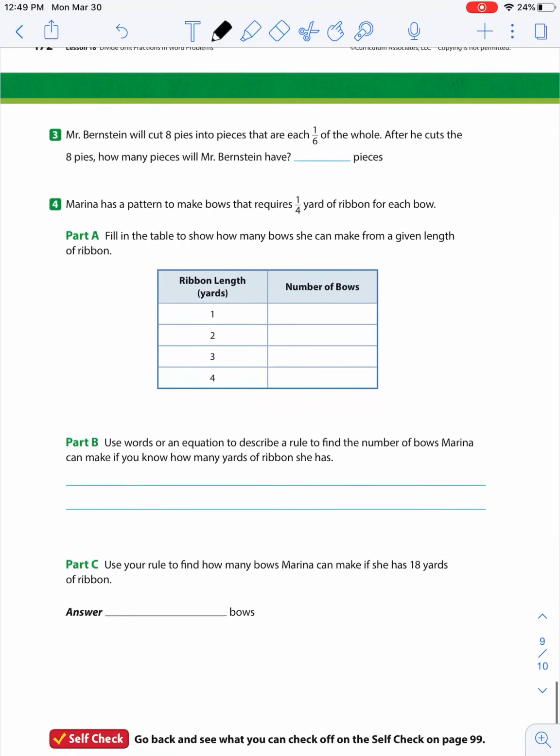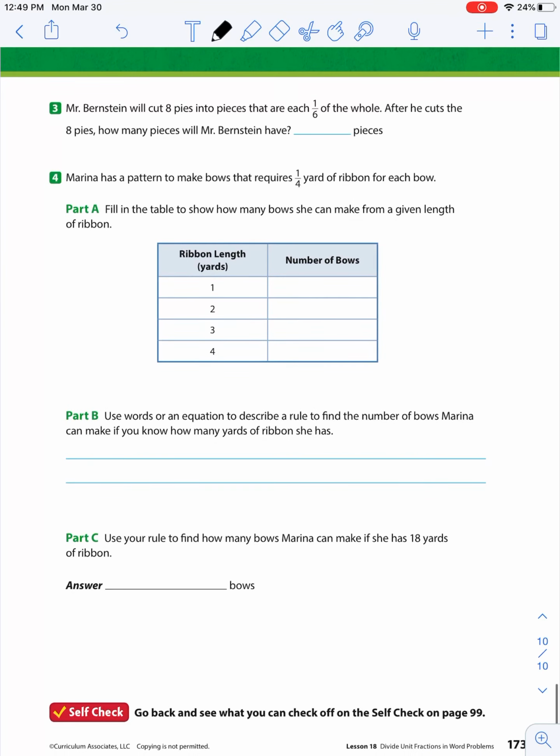Okay, moving down here to number 3. Mr. Bernstein will cut 8 pies into pieces that are each 1/6 of the whole. So each piece is 1/6. So in other words, a pie is cut up into 6 pieces. Okay? And there are going to be 8 of those.